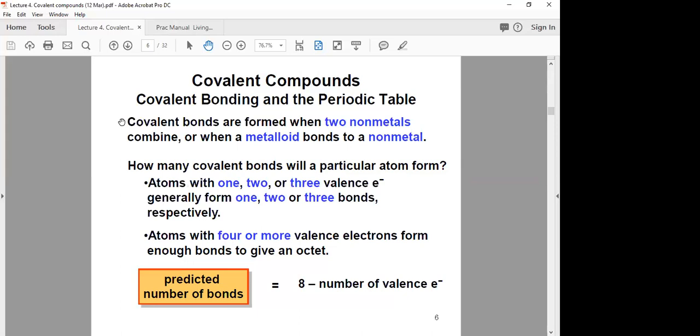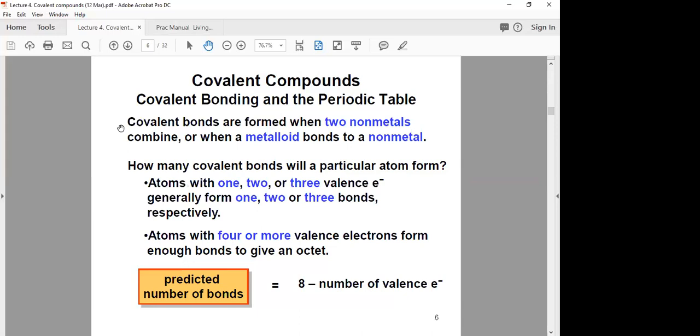A metal and a non-metal. Correct. So ionic compounds tend to form between a metal and a non-metal on the periodic table. Covalent bonds tend to form when 2 non-metals combine or when a metal bonds to a non-metal. Okay, so that's a really useful rule to remember there.